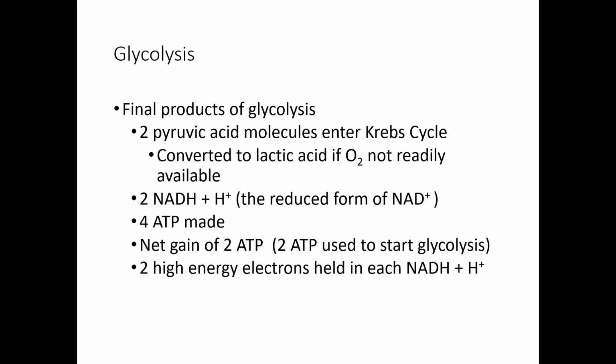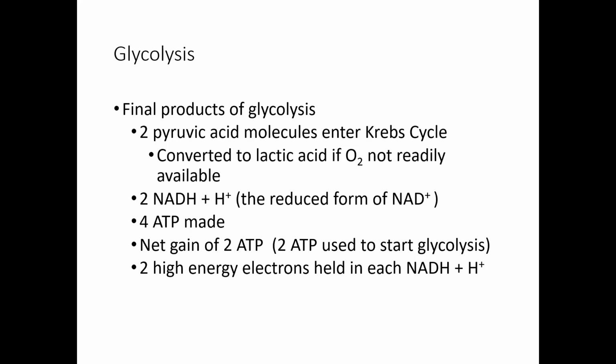So the end result of glycolysis, 2 pyruvic acid molecules. Pyruvic acid, each one is a 3-carbon compound. All we've done is we sliced the glucose molecule in half, 3 carbons and 3 carbons. If we have oxygen present, the pyruvic acid goes into the mitochondria.